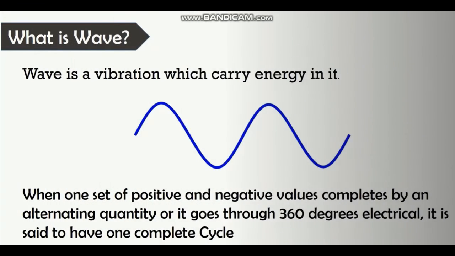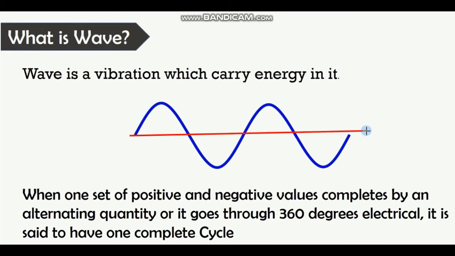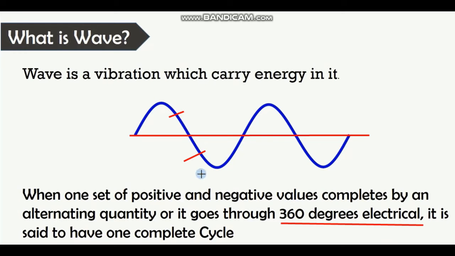Before we talk about the frequency, we will talk about the wave. A wave is a vibration which carries energy. This is our wave, and we can imagine we have a line here to make positive and negative waves. When we have a set of positive and negative, we complete 360 electrical degrees.